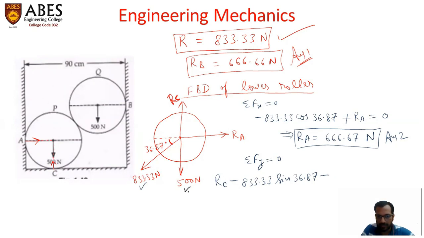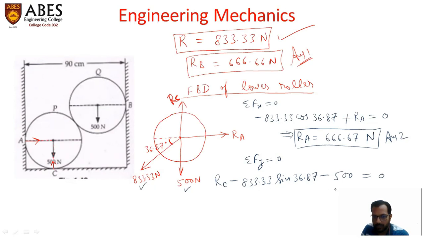Minus 500, which is also clearly downward, should be negative as per our usual sign conventions. So RC minus 833.33 sine 36.87 minus 500 equals 0, because there is no vertical component of RA.